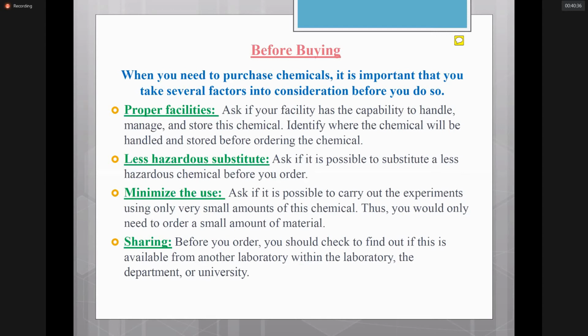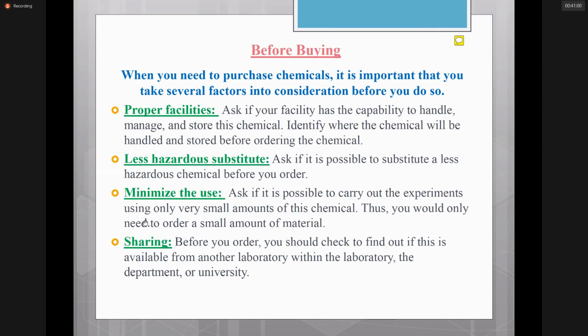So if there is an order for a chemical with high health hazard or environmental hazard, and you have the choice to substitute your order with a less hazardous chemical, just do it. Minimize the use.